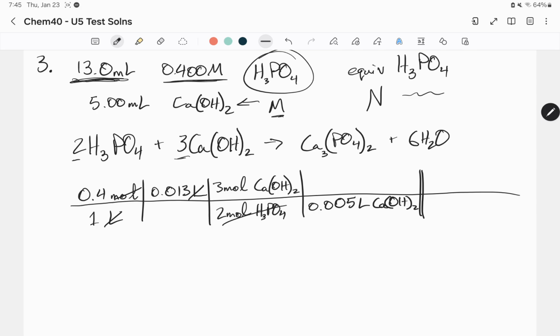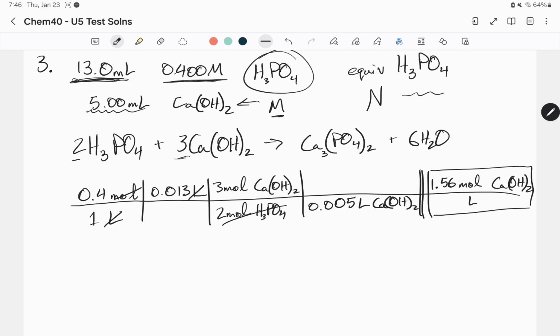So we'll divide by 0.005, just converting 5 mils to liters, dividing by 1,000. And then if you run this math through to 3 sig figs, you get 1.56 moles per liter calcium hydroxide. Okay, so that is the first piece.